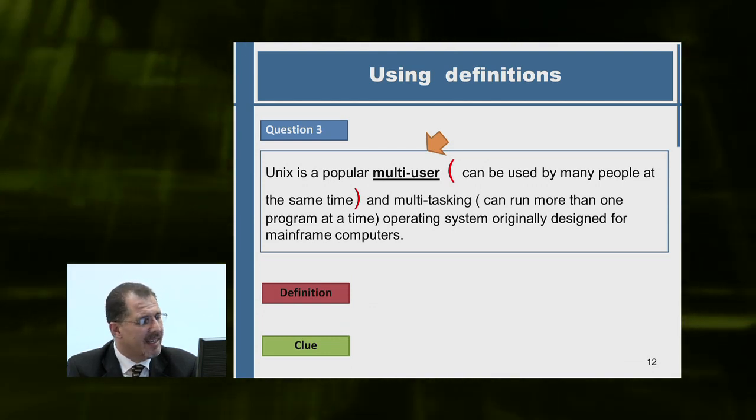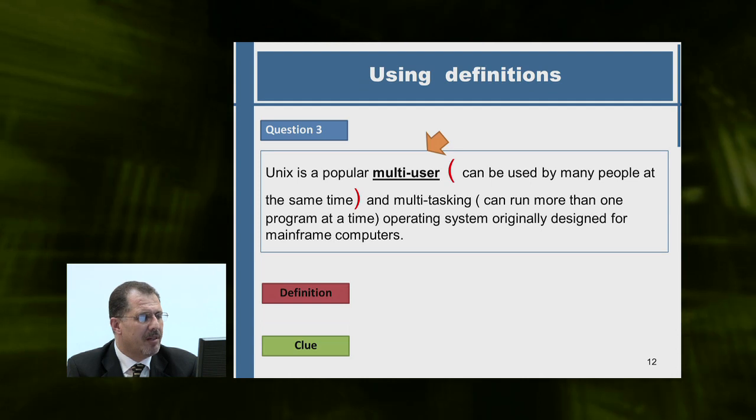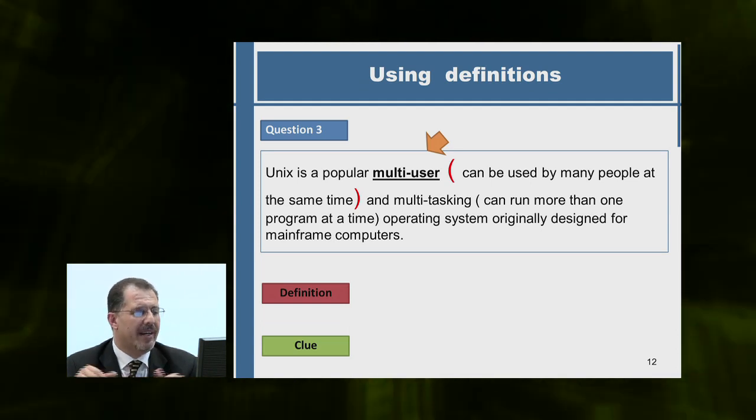Again, let's read it again. Unix is a popular multi-user (between brackets: can be used by many people at the same time) and multitasking (between brackets: can run more than one program at a time) operating system originally designed for mainframe computers.